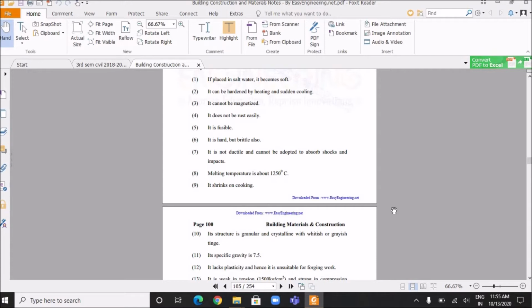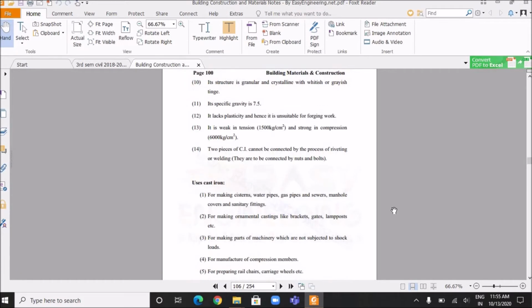It is hard but brittle also. It is not ductile and cannot be adapted to absorb shocks and impacts. Melting temperature is about 1250 degrees Celsius. It shrinks on cooling. Its structure is granular and crystalline with whitish or grayish tint.